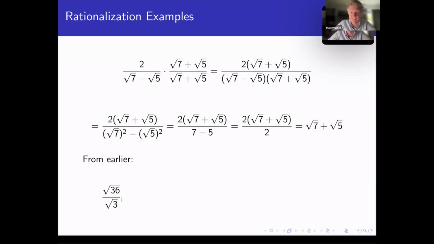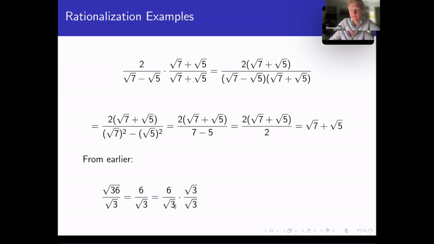So let's go back to that example I said we would come back to: the square root of 36 over the square root of 3. What we did for this one before is simplify it to 36 divided by 3, which is 12, and then took the square root of 12. But let's see what happens when we just rationalize. The square root of 36 is 6. And to rationalize, we're going to multiply by the square root of 3 over the square root of 3.